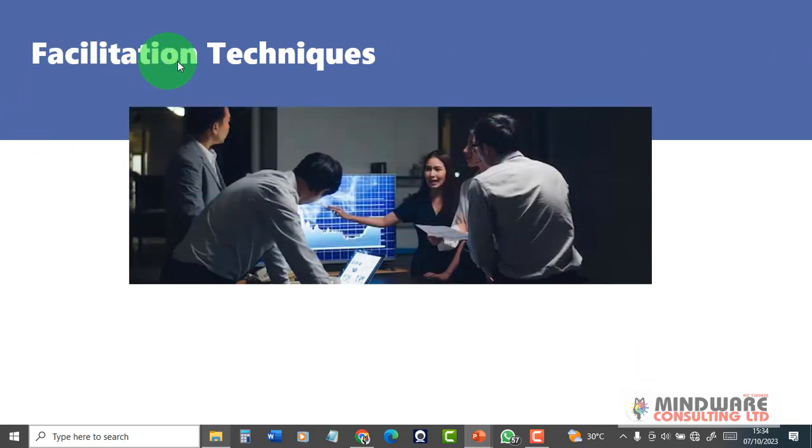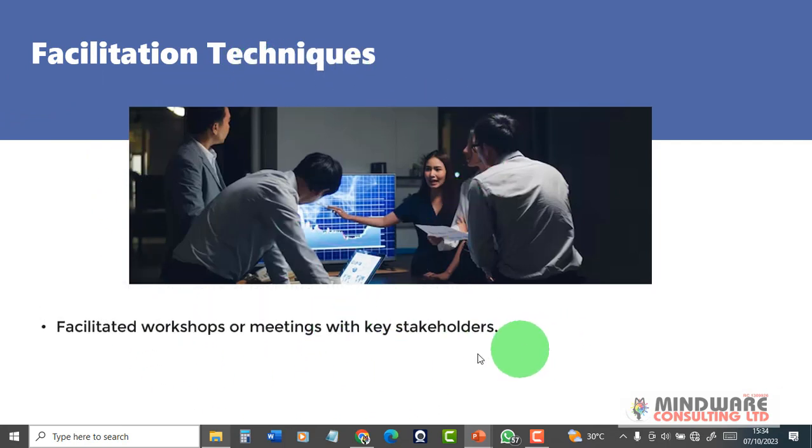So next is facilitation techniques. This is another technique that you need: facilitated workshops or meetings with stakeholders. As a project manager, you're going to be having facilitated workshops, which are simply workshops that you facilitate.